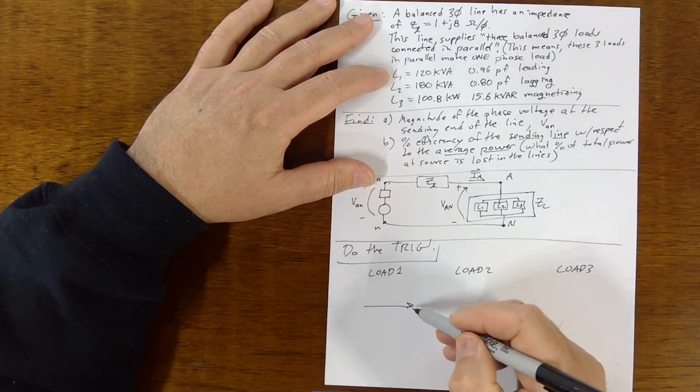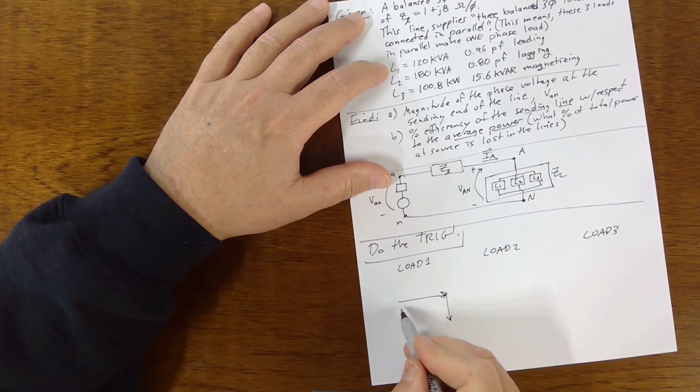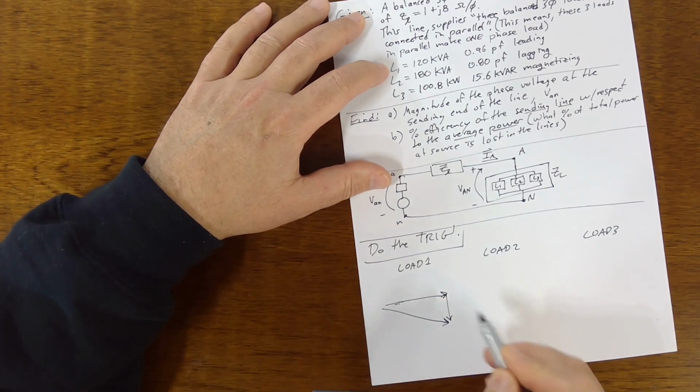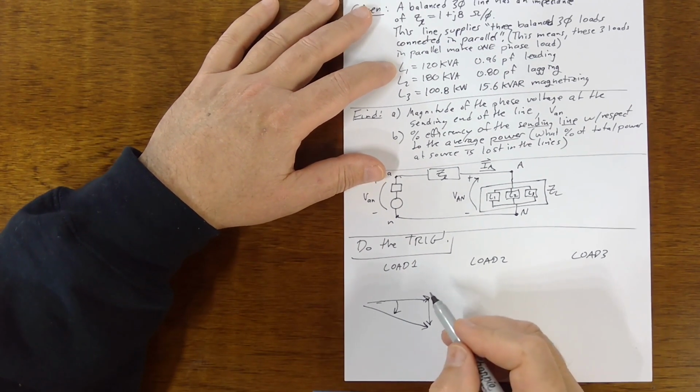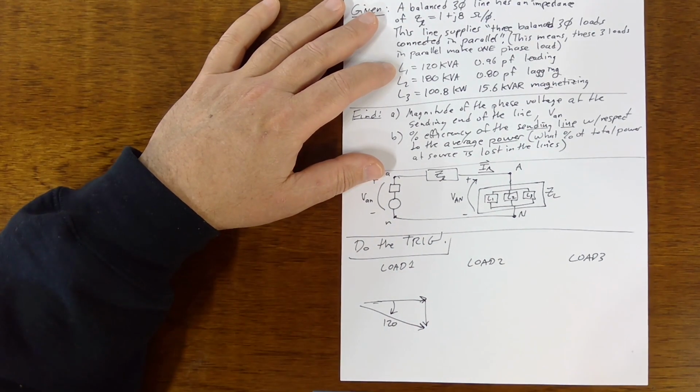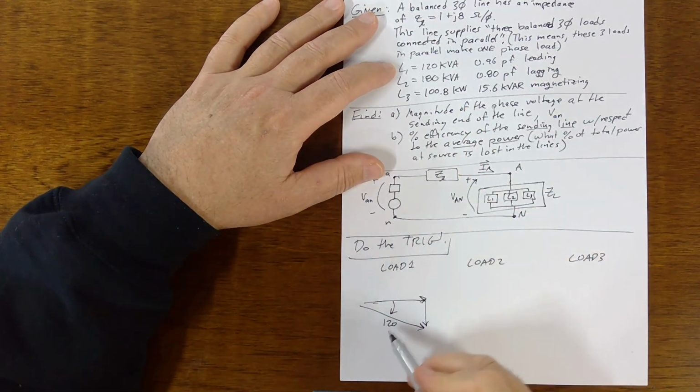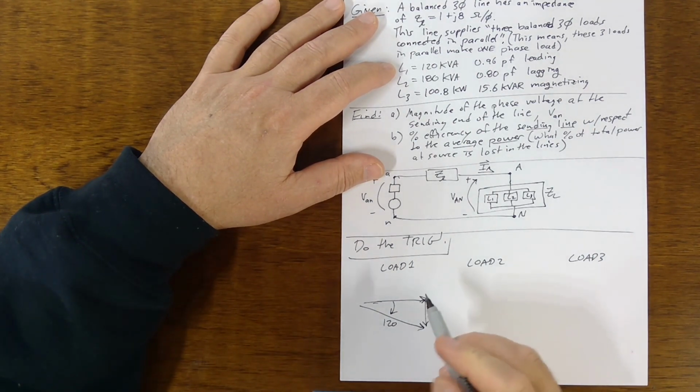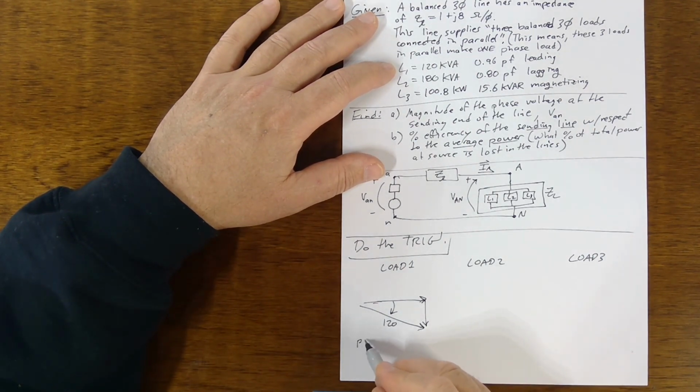You look up in your little notes, and basically it's a negative angle of something. They've told you the 120 because they're giving you kVA, which is S. And they've told you that the power factor, which is cosine theta, is 0.96 lead. You work that out on your calculator, and it's minus 16 degrees.